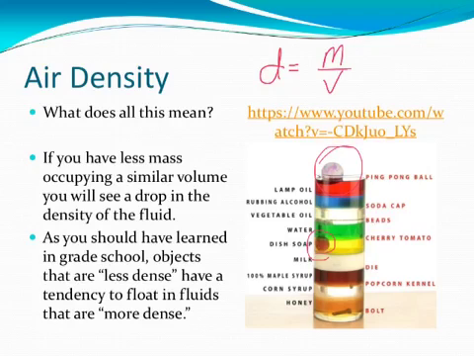So if we think about this density tower as being the atmosphere, and the hot air balloon's down here, as it becomes less dense, it's going to rise up through the tower, or rise up through the air, until it comes to a point where it's got the same density as the air around it. And this can happen because we can monitor the amount of hot air in a balloon.